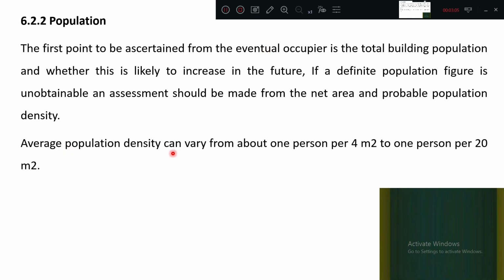Average population density can vary from about one person per 4 square meter to one person per 20 square meter. So these are the standard requirements. In heavily dense populated areas, 4 square meter per person. For loosely dense areas or small cities, you require 20 square meter.